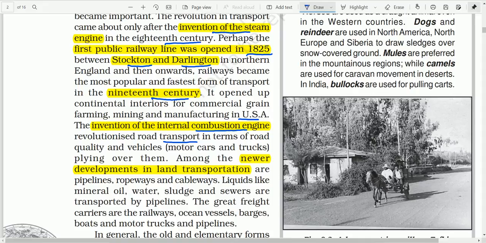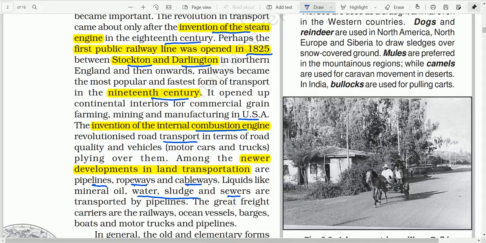And among the newer developments in the land transportation are the pipelines, as mentioned earlier, then roadways and the cableways. And liquids like mineral oil, water, sludge, and sewers are transported by pipelines, as you know.